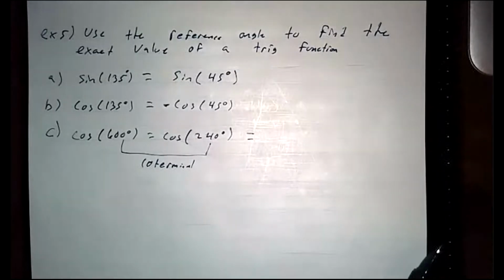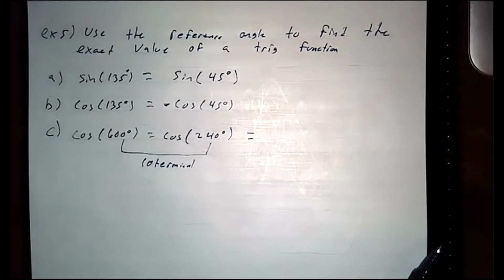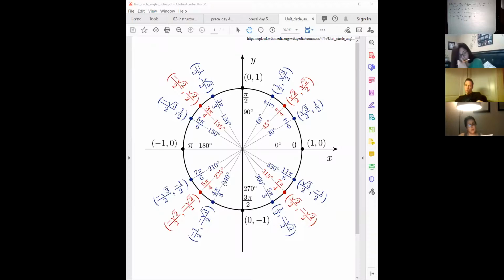So let's look at the circle. I don't expect you to do it in your head. So 240 is right here. Yeah, it looks like you're 60 degrees away from the x, right? So instead of cosine 240, you can change it to cosine of 60. Do I put a minus in front, or do I leave it as a positive? It'll be a negative.